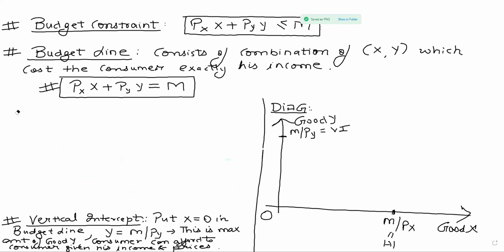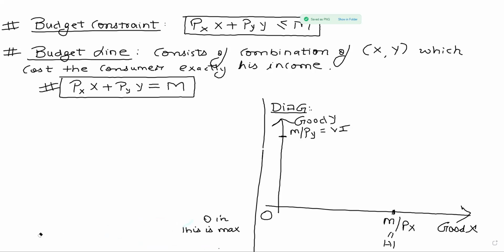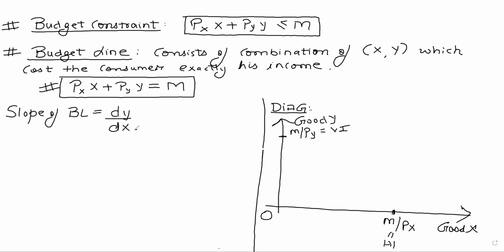Mathematically, all of us know slope is nothing but dy by dx, when y is measured on the vertical axis and x is measured on the horizontal axis. So slope of the budget line is nothing but dy by dx. Okay, so guys, let us work out dy by dx.